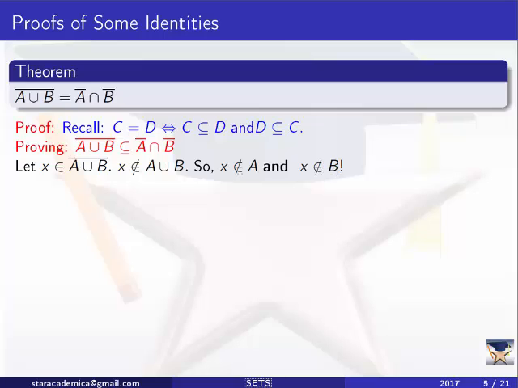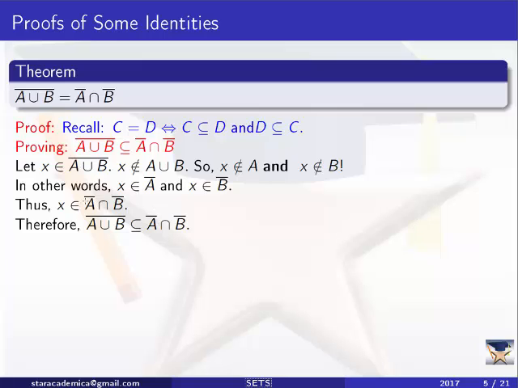Otherwise, x would be in A union B if one fails. So we have an AND here. So what does this mean? x is in A complement and x is in B complement, which means x is in A complement intersect B complement. So we have the first part.